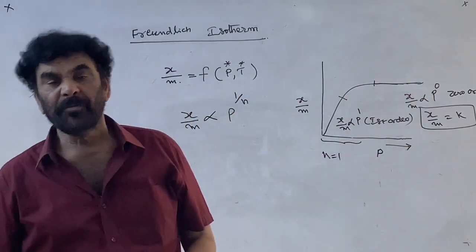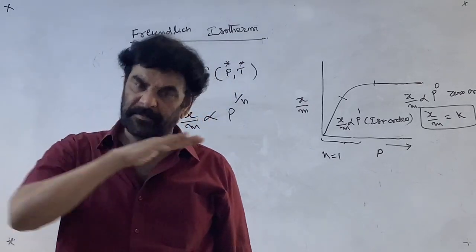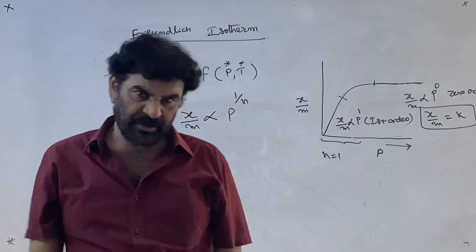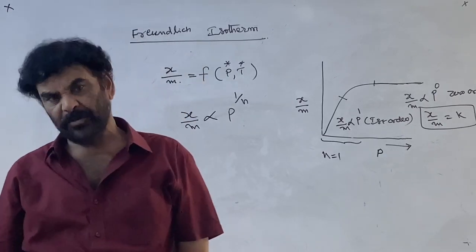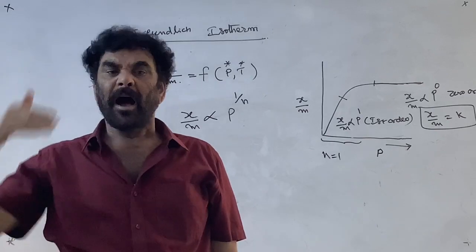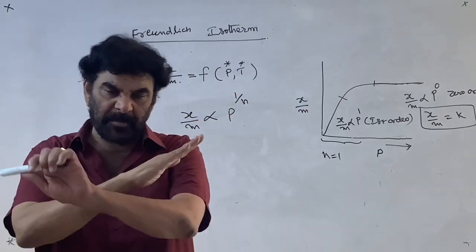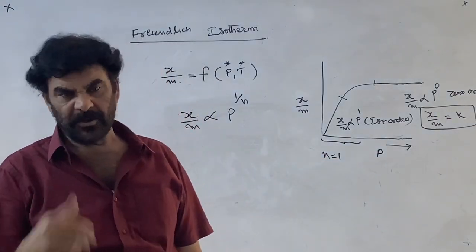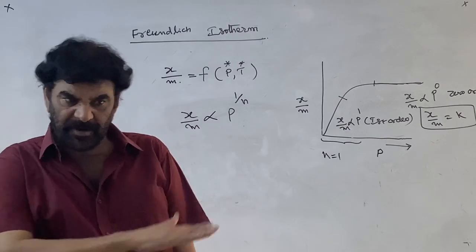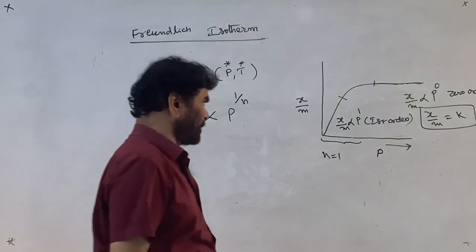So with this we can say that as you increase the pressure of the gas, the extent of the adsorption increases up to a certain point. At high pressure conditions, as the pressure increases, there will be no change in the extent of adsorption, due to complete covering of the surface of the adsorbent with adsorbate.